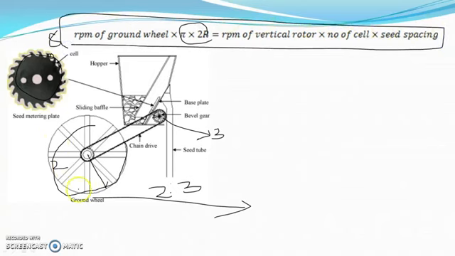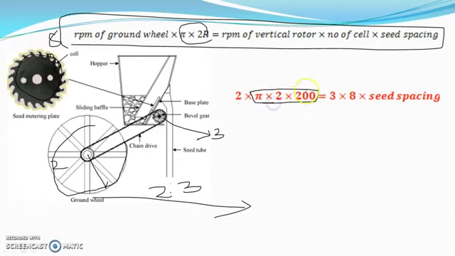So if the wheel rotates 2 times, the rotor will rotate 3 times. In 2 times it will rotate 2 into the perimeter. 200 is given as the rolling radius; instead of d I have written 2r.